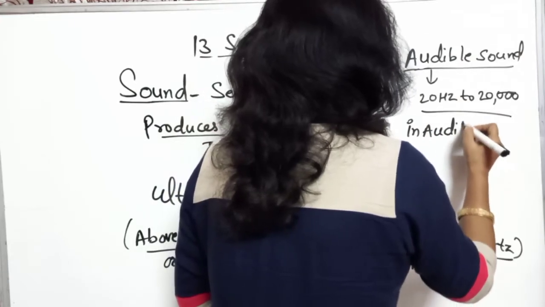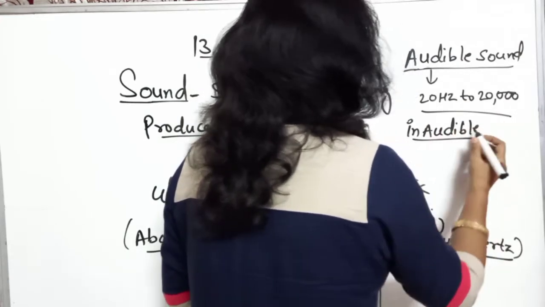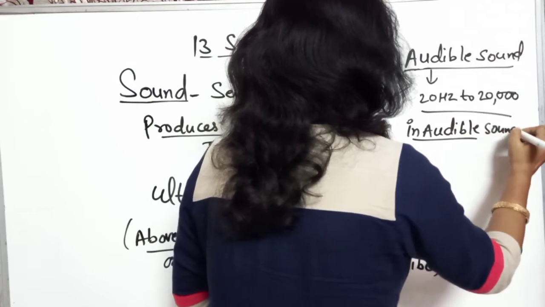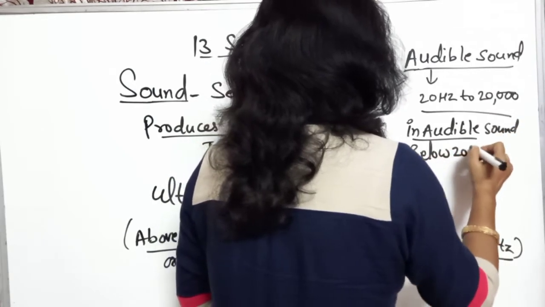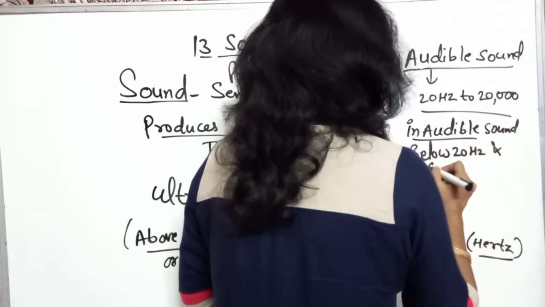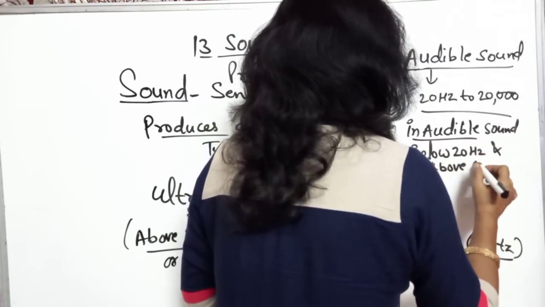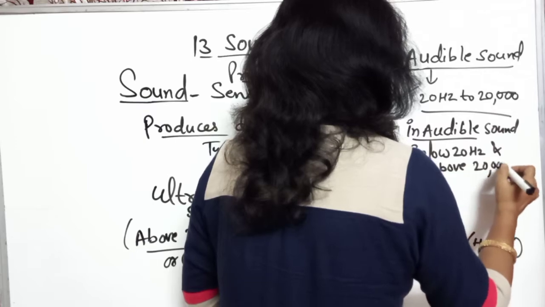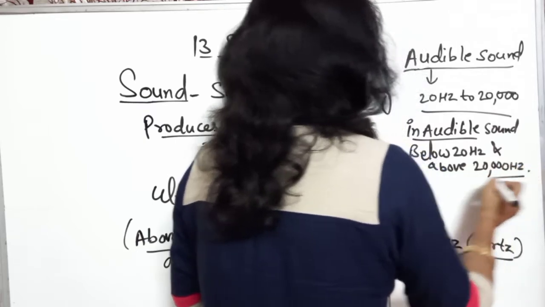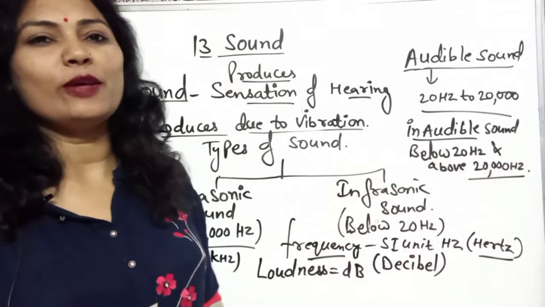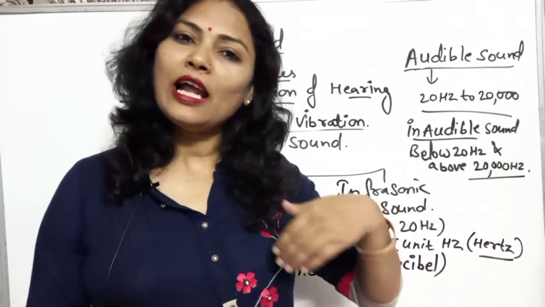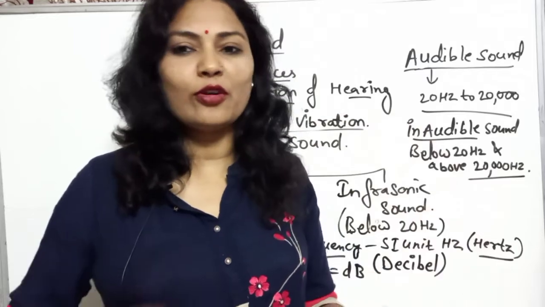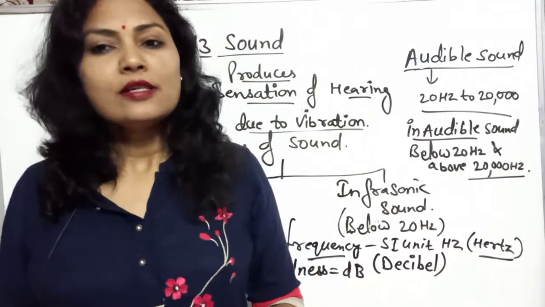Inaudible sound is the range below 20 hertz and above 20,000 hertz. So this is the range of inaudible sound, meaning below 20 hertz we are not able to hear it, and above 20,000 hertz we are not able to hear that sound.